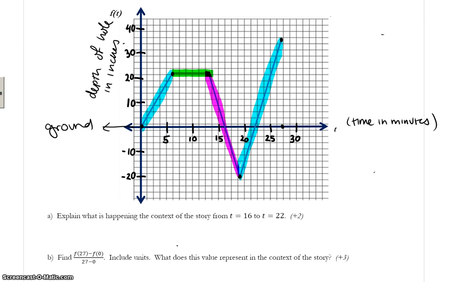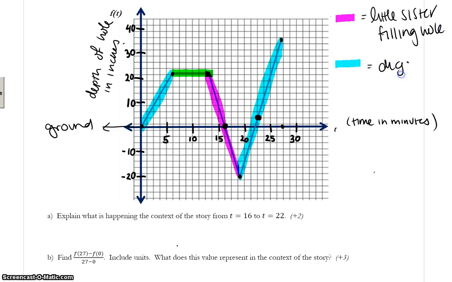So, explain what is happening in the context of the story from t equals 16, which is here, to t equals 22, which is here. Okay, so remember we said that purple is when the little sister is filling the hole, and blue is digging the hole.